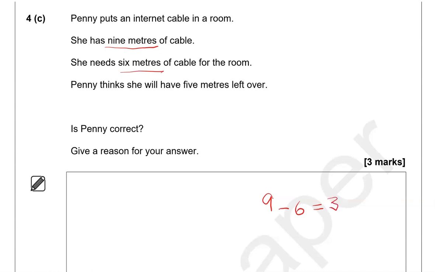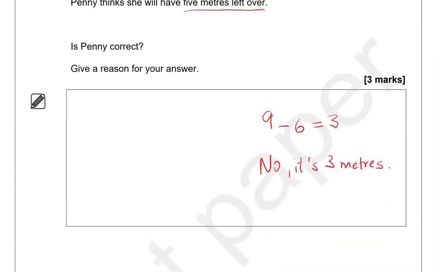So it will be 3 meters. The question was, is Penny correct? So we're going to say no, it's 3 meters, because she thought that she will have 5 meters left over, and this is less.